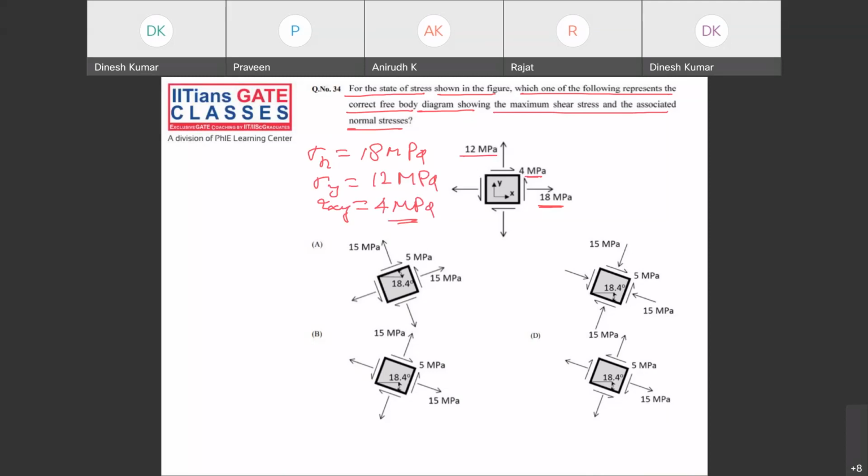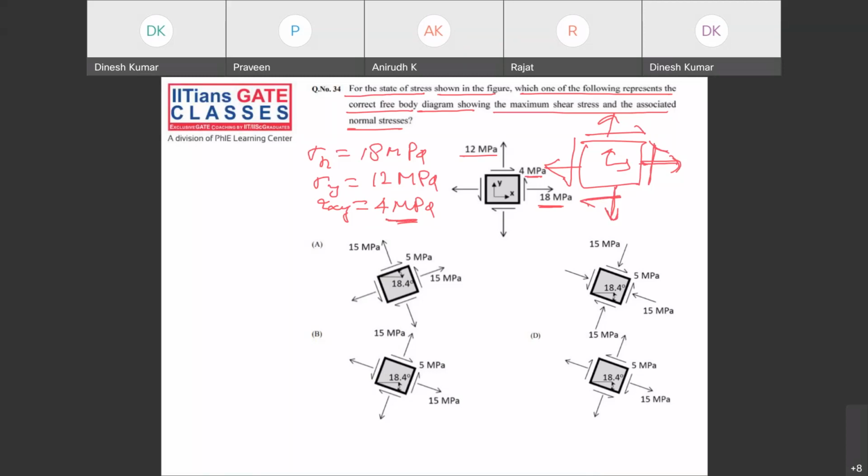Yes, this is also positive, because this is our standard element where these are normal stresses, and the corresponding shear should also go as per the normal stress direction. You see here the normal stress is in the positive axis direction, so the corresponding shear is in the positive axis direction. Here the normal stress is in the negative axis direction, so the corresponding shear is in the negative axis direction. So these are the values.